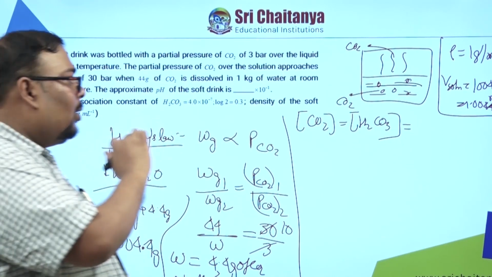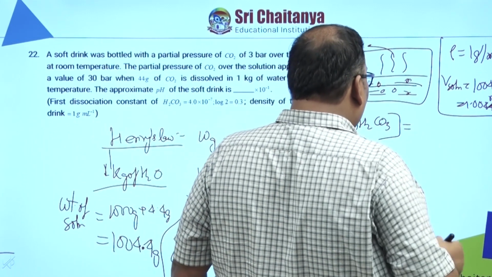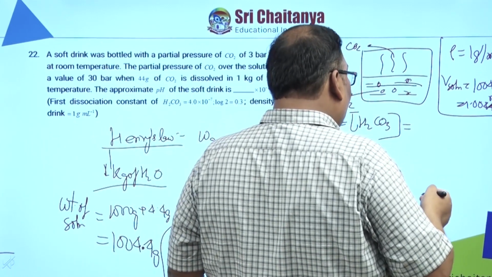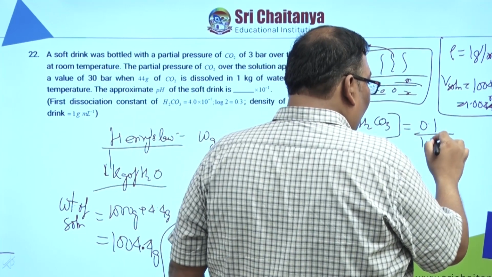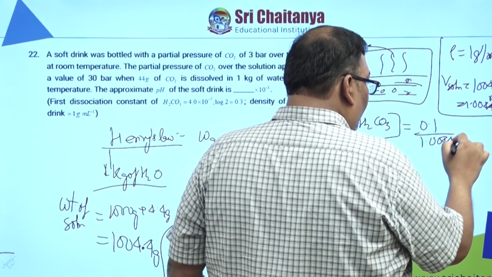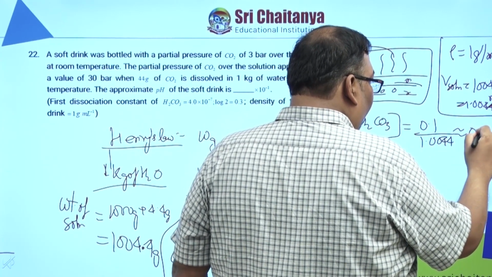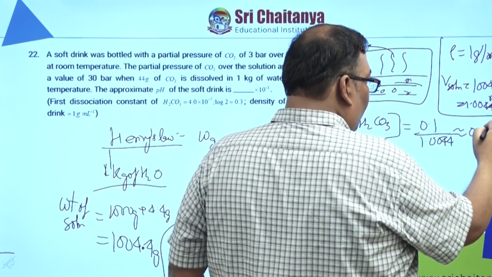So the concentration of CO2, which is also the concentration of H2CO3, will be 0.1 by 1.0044. So that will be close to 0.1 molar only.